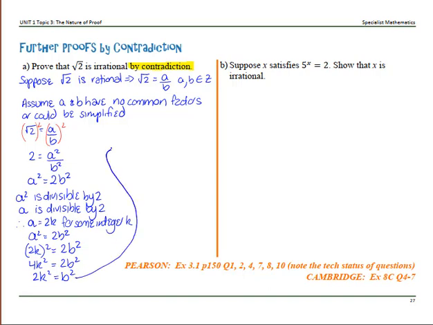So that means b squared is divisible by 2, which means b is divisible by 2. So that means, therefore, a and b are divisible by 2.